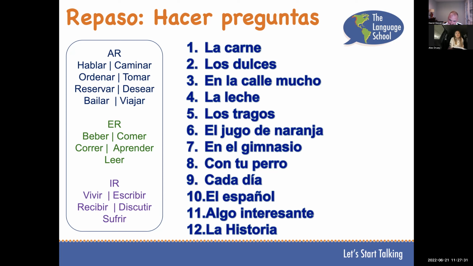¿Deseas con tu perro? So again, deseas means do you want? Do you want with your dog? Oh. It might work, but there's something missing there. Or there might be a better phrase you could say. ¿Lees con tu perro?